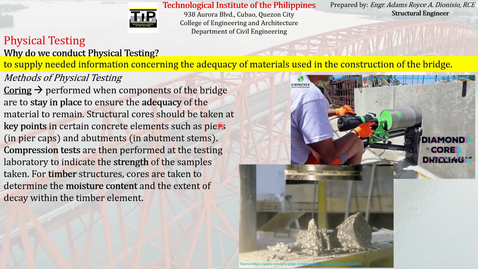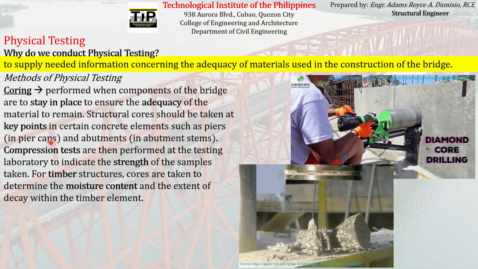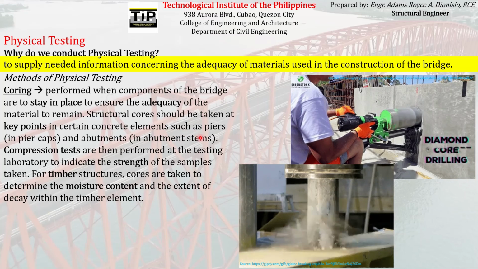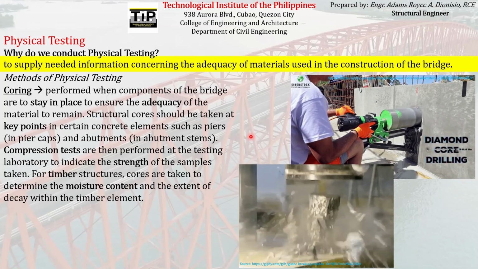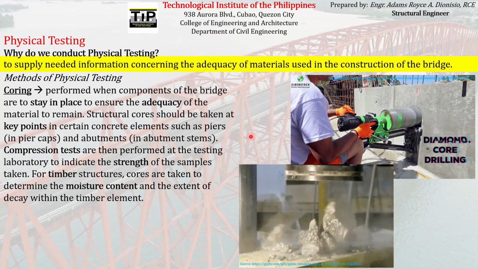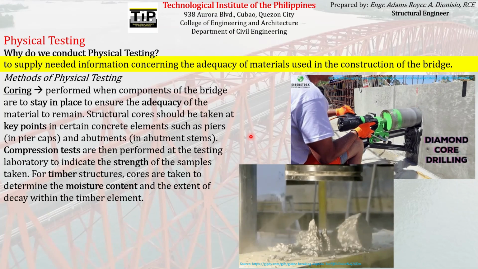We usually bore a hole on the pier caps. And for the case of abutments, we usually get a core sample from the abutment stems. So we don't just core a hole randomly. We usually get a core sample on key locations on the particular bridge component.